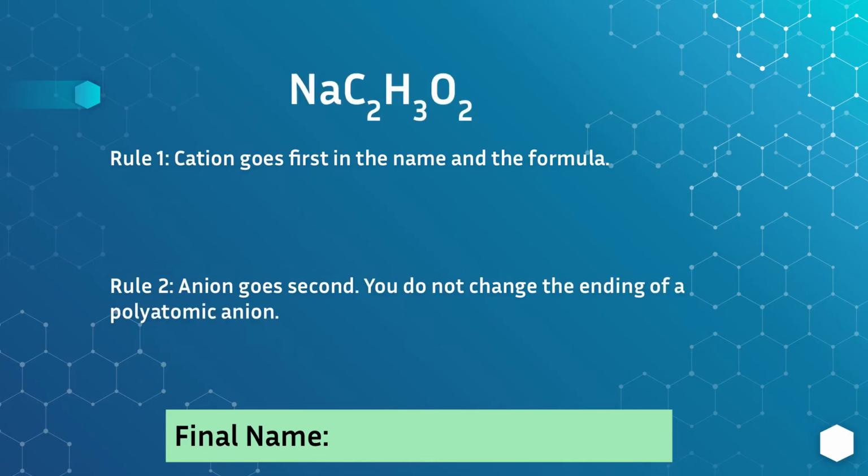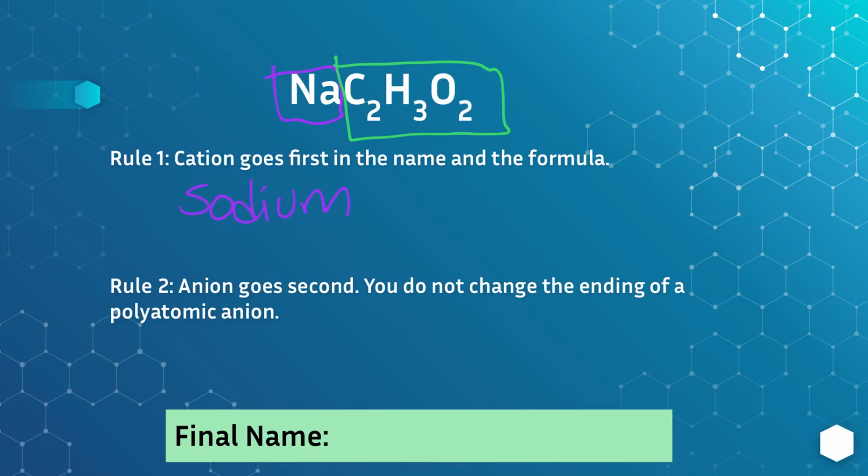Here's another example. So rule number 1, the cation goes first in the name and the formula. So let me use purple for the cation. My cation is just a sodium, so we write sodium. Then my anion is a polyatomic ion.